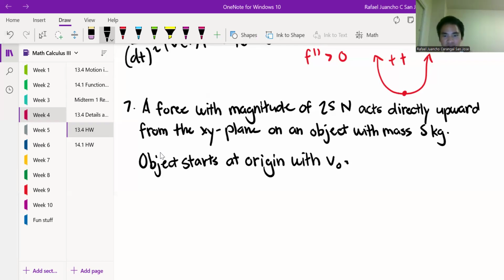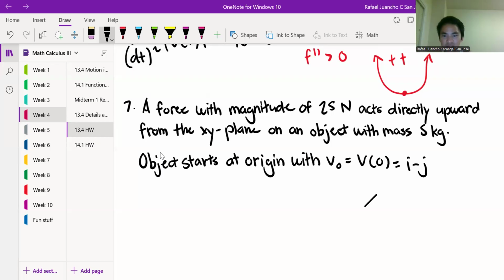So it's a velocity vector, and its parameter is when it's 0. I'm assuming it's t. And this is i minus j.